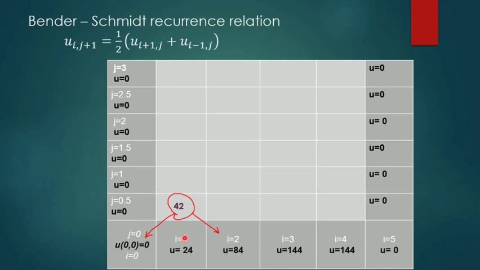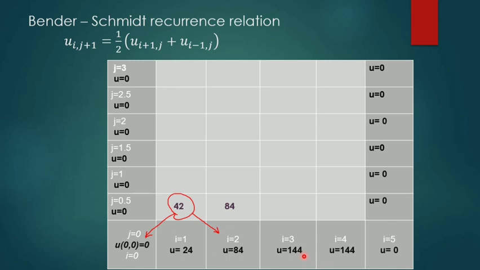Similarly, the next value, the value of u in this cell, is obtained by adding these two values of u and dividing by 2. So 24 plus 144, that is 168, divided by 2, you will get 84.